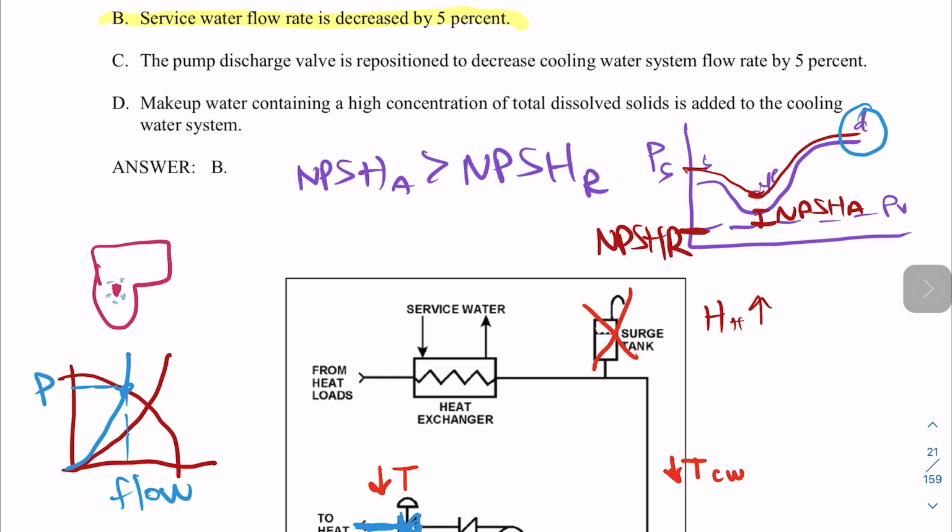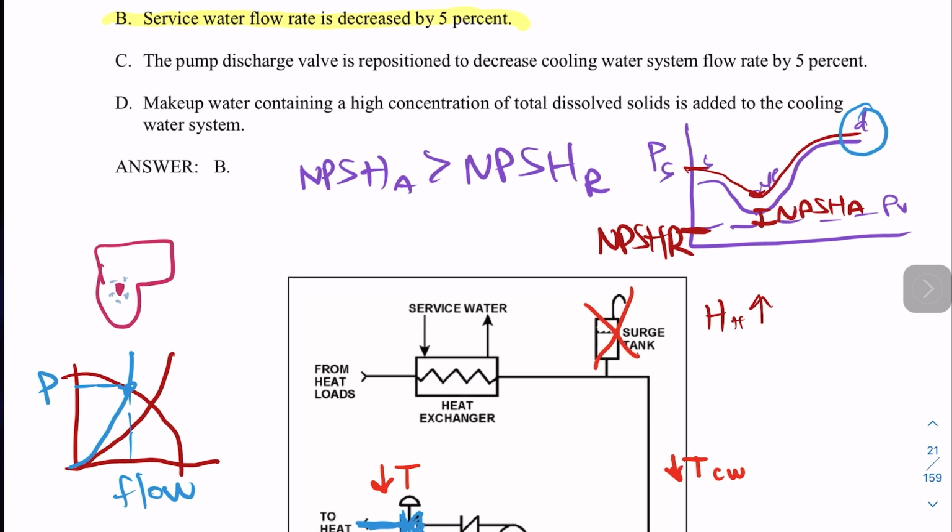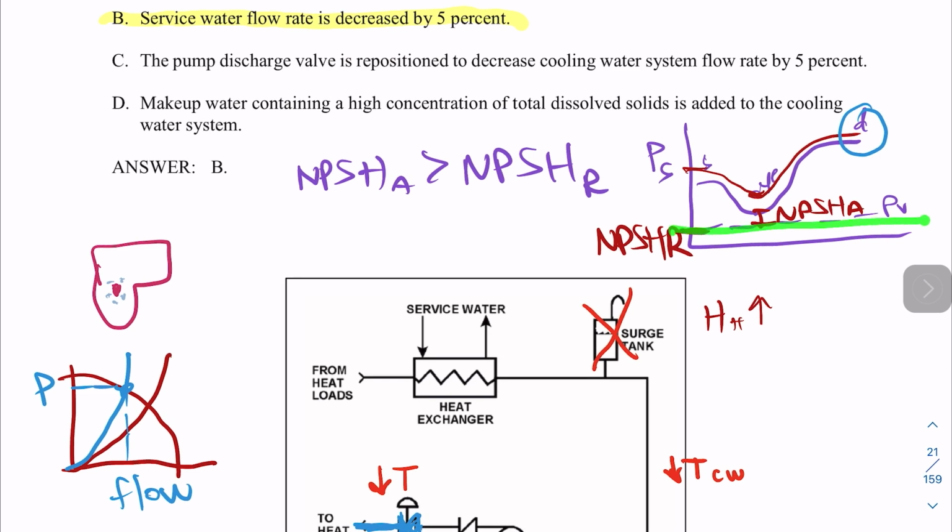I'm sorry, yes, it's going to increase. This increases the net positive suction head available, and therefore we are farther away from this line here.